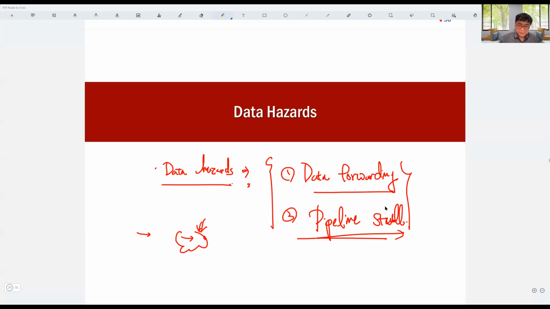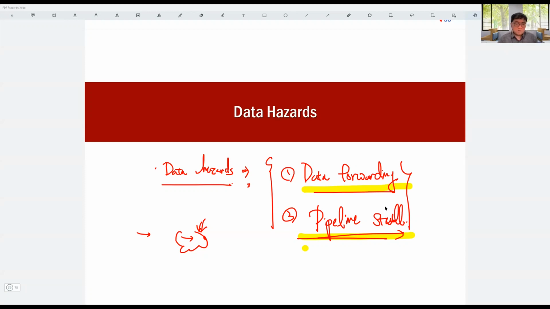Then we learned how to handle hazards in the pipeline processor. The first approach is data forwarding, and the second approach is pipeline stall. Data forwarding means that for the R-type instruction, the result is generated in the execution cycle. But we cannot use this result until it is written back to the register file, because the following instructions read data, the required operands, from the register file.